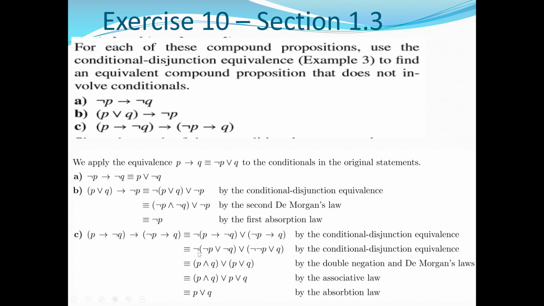So this is the same as writing not P or not Q, or not P or Q. So this will give me P and not Q, and this will be Q, and not not P will be P and Q. So we get P and Q, or P or Q. And that will give us P or Q.